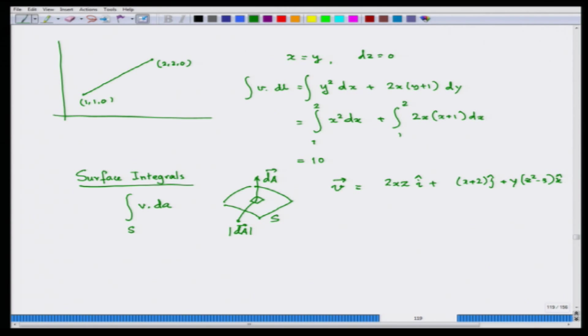I want to find the surface integral of this over a cube of length, breadth and height 2. In the next class we will first start by computing this one.